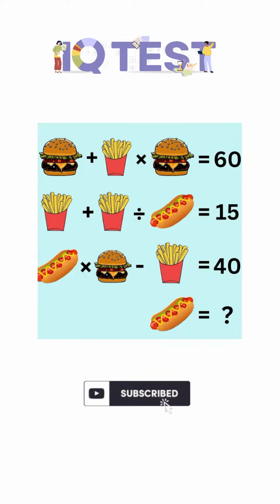I'm also still solving because I have 62, y divided by z is 15, and then zx minus y is equal to 40.